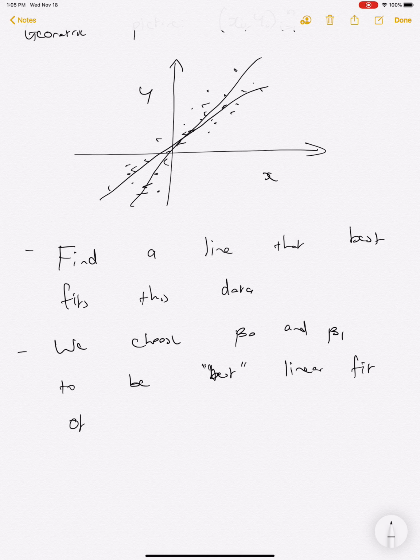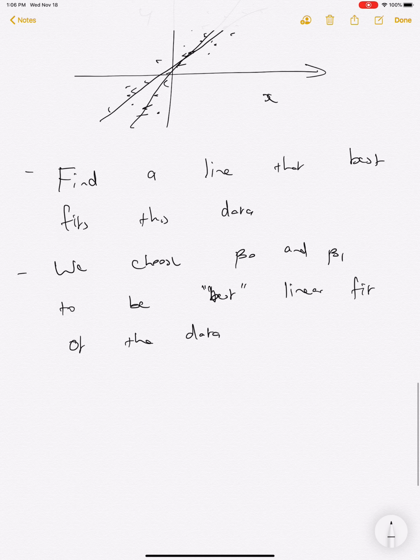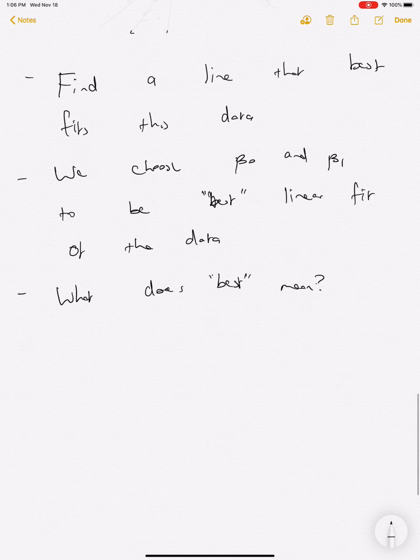Obviously, we can choose any line, but somehow we want the line to be the best. So if we look at our data, what does best mean?